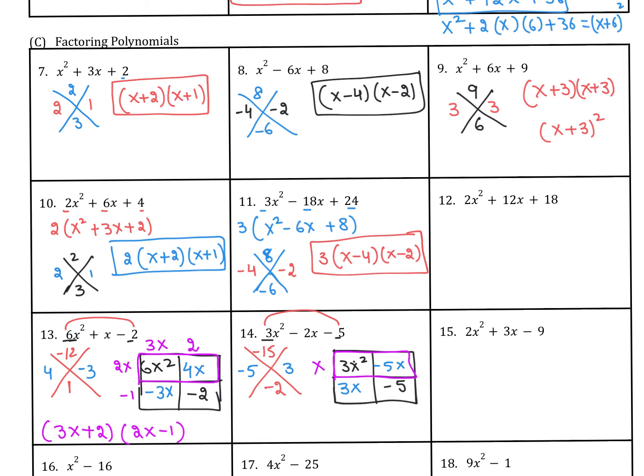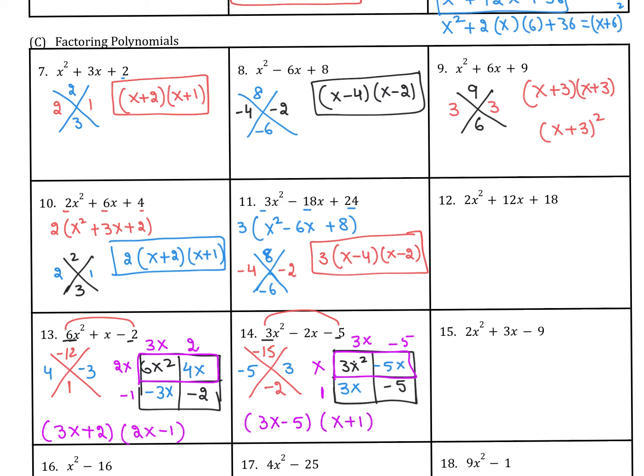So if this is x, what goes on the top here to multiply with x is going to be 3x, and here should be negative 5, and this one times x is 3x, and 1 times negative 5 is negative 5. The two factors are going to be 3x minus 5 times x plus 1.